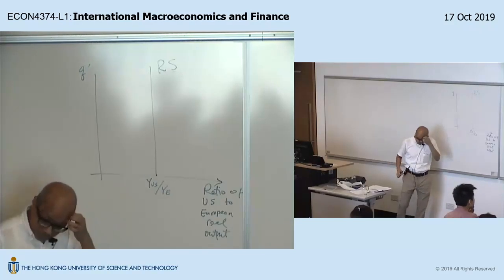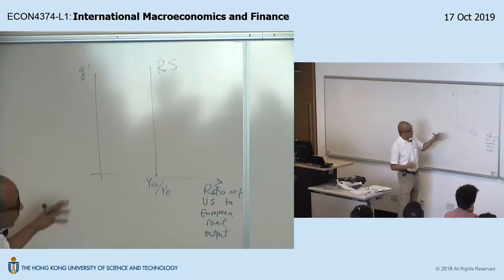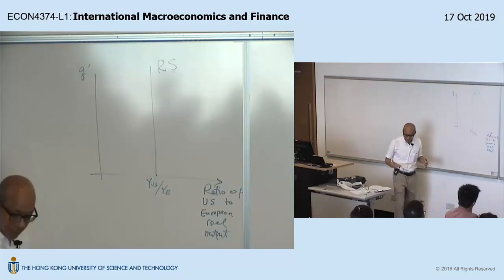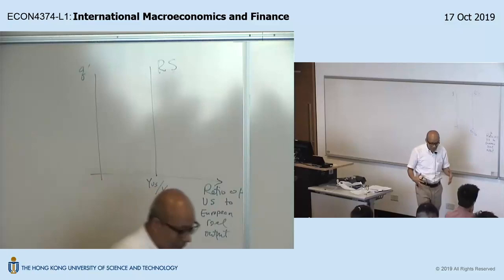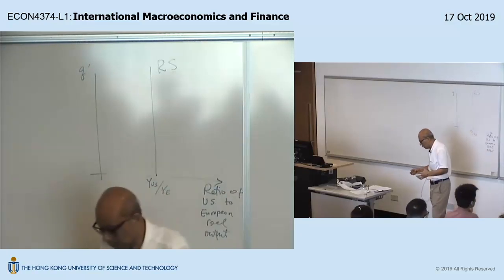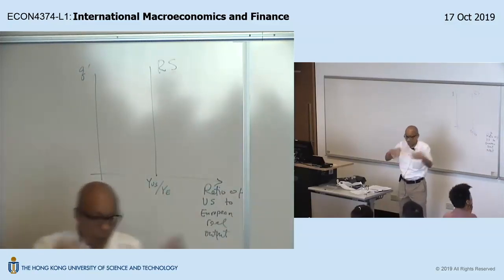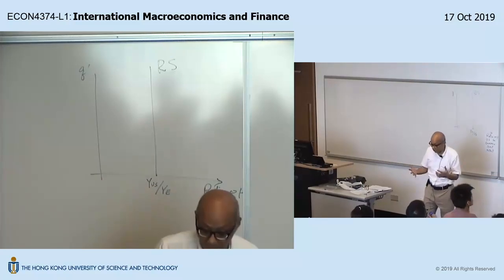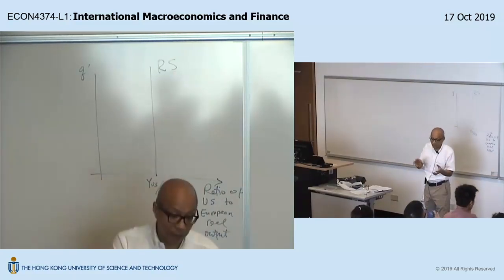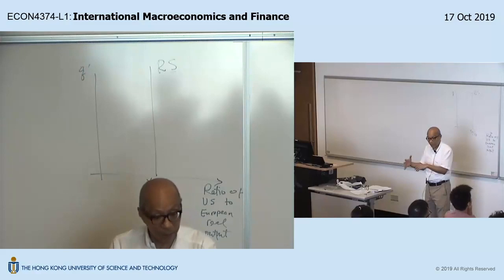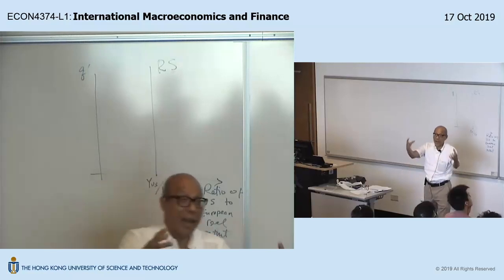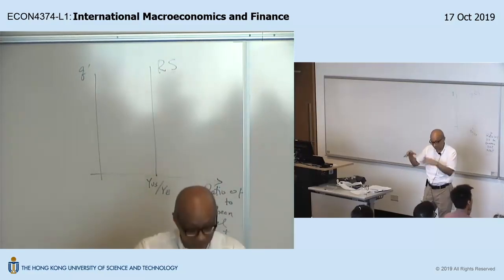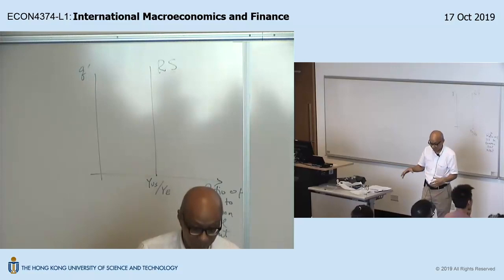Now, what about the relative demand? What's the relative demand of the whole world for goods produced by the US to the goods produced by Europe? It means the demand for goods produced by the US divided by the demand for goods produced by Europe.